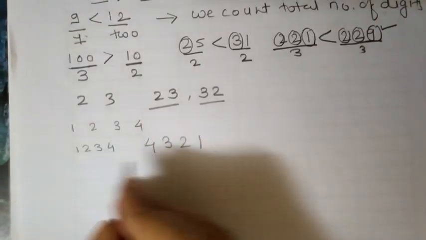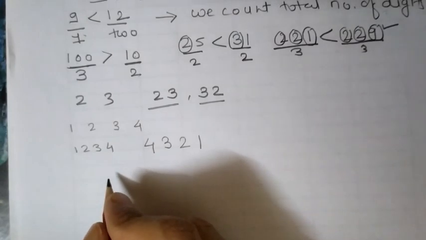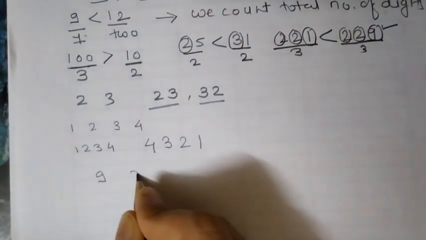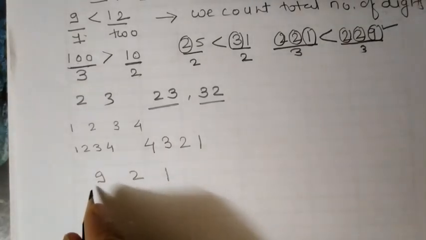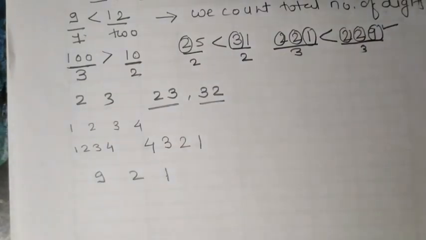So here in this type of exercise they will give you some numbers like suppose 9, 2, 1, and then they will ask you to make the greatest number. So as you know, the greatest number starts with the greater digit. So in these 3 numbers, which one is greatest? 9.